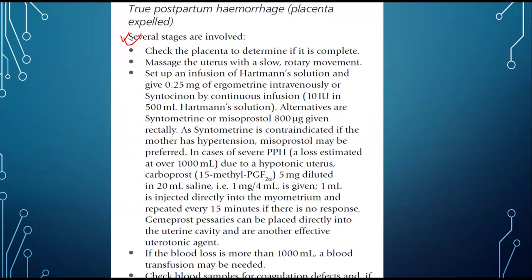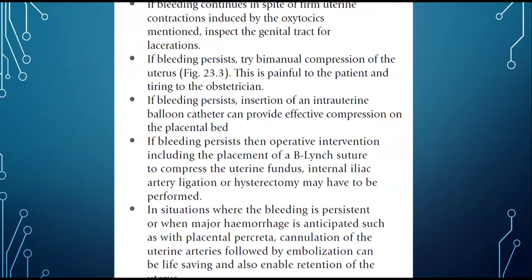So this is some of the other step-by-step management for primary PPH. Fundal massage is always the first, and they have written IV fluid. They have talked about starting the patient with syntocinon or oxytocin, and then ergometrine, and all of these are written one by one. So sometimes after oxytocin or ergometrine, if bleeding continues, then the specialist will come and try any of the others like misoprostol, intramyometrial prostaglandin, bimanual compression.